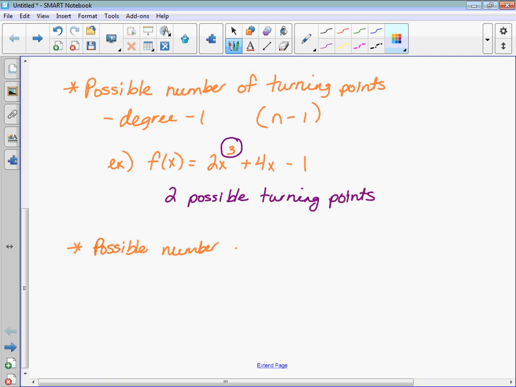Alright, then we have the possible number of solutions for x-intercepts. That's always just the degree. And you'll hear us talk about solutions, zeros, x-intercepts.